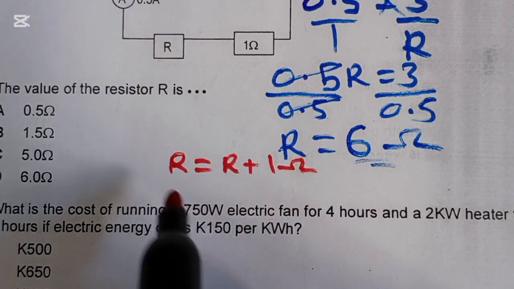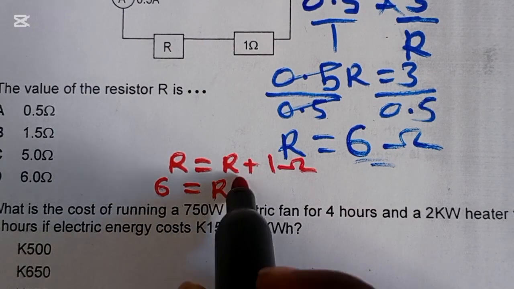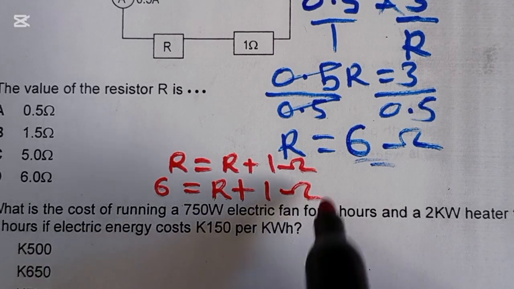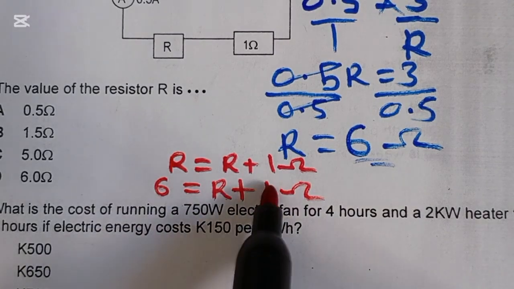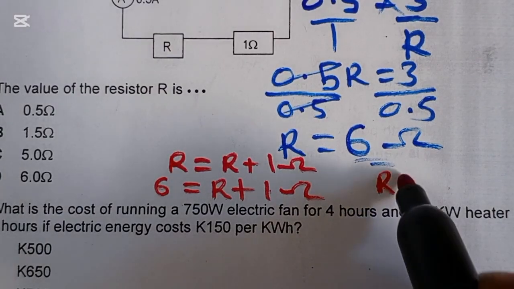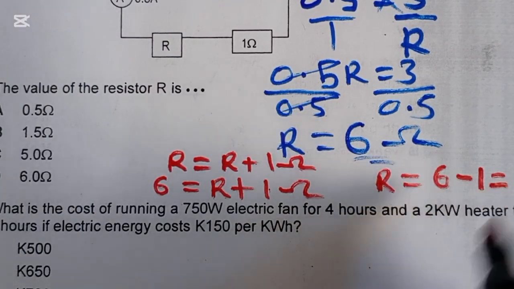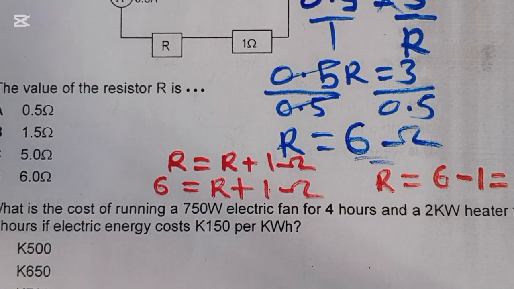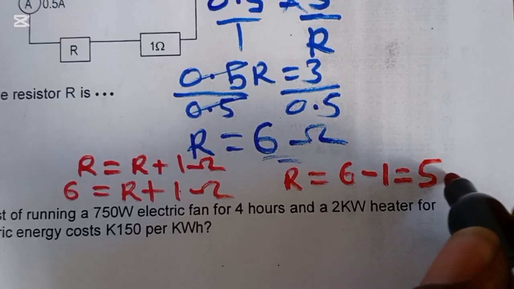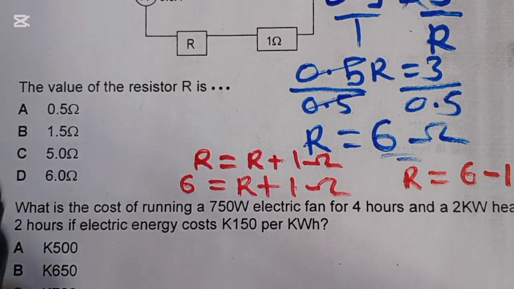So total resistance is 6, so 6 equals R plus 1. The 1 goes to this side. R is equal to 6 minus 1, which is 5 ohms. The answer is C.